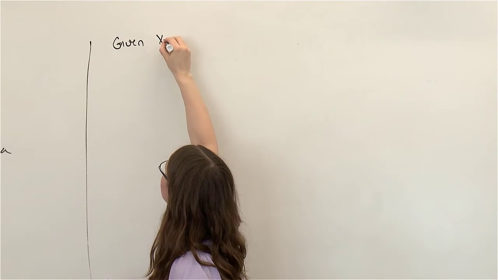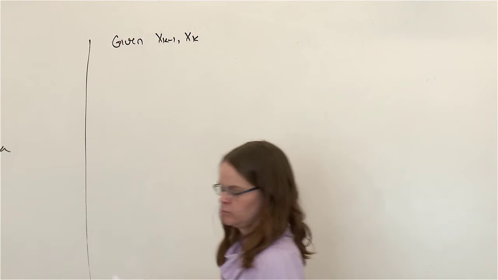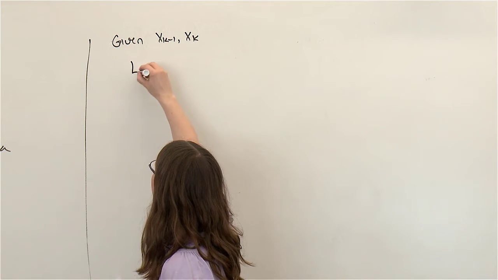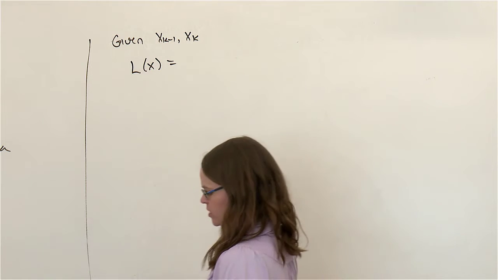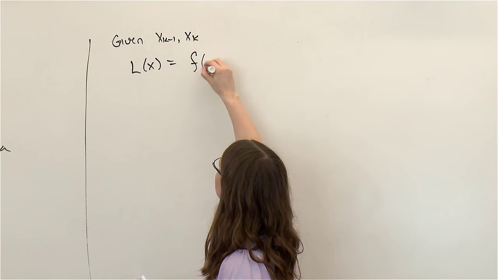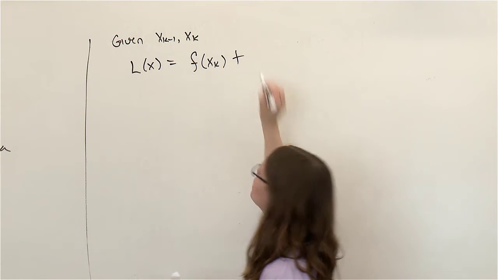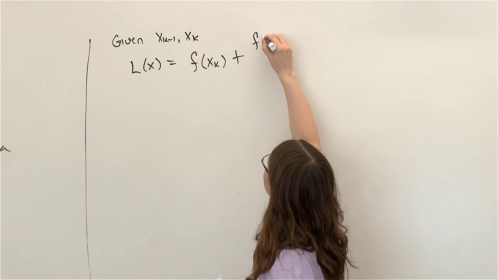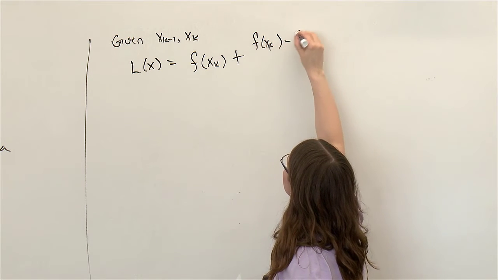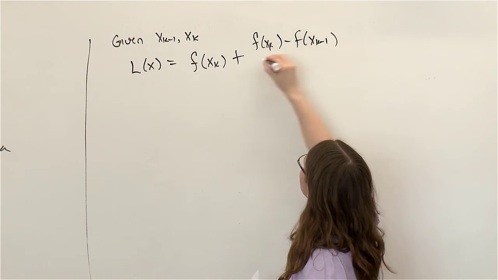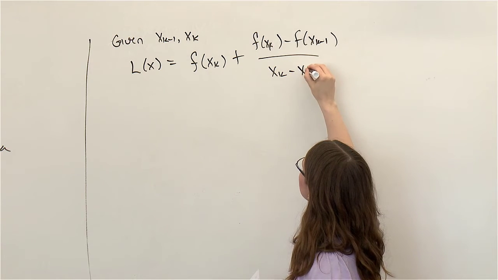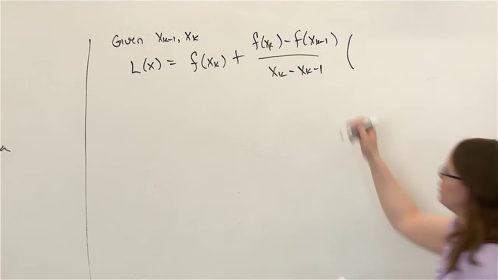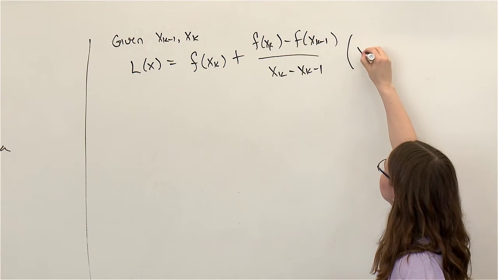Given xk minus 1 and xk, I draw the secant line. I say L of x is equal to f at one of the points, and then my slope is rise over run. Okay, and then I have x minus xk.